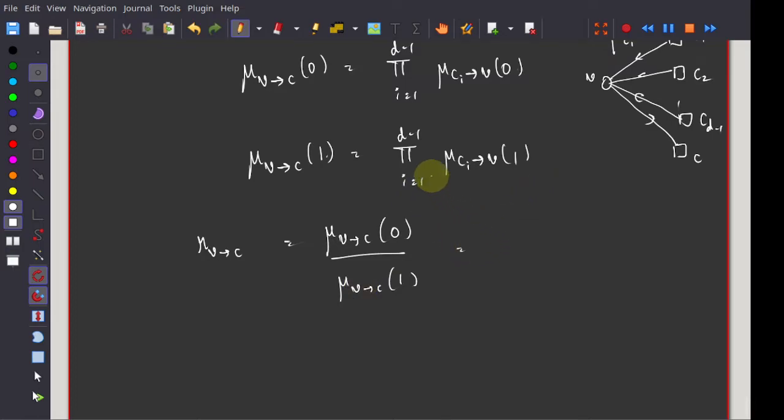And this is the ratio of these two products, which is basically the same as the product over i equal to 1 to d minus 1 of mu ci to v of 0 divided by mu ci to v of 1. But each of these is just r ci to v. So this is the product over i equal to 1 to d minus 1 of r ci to v.